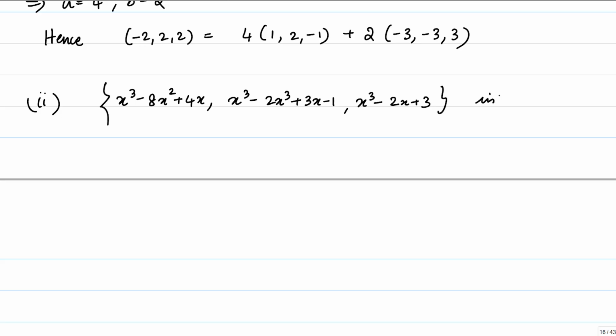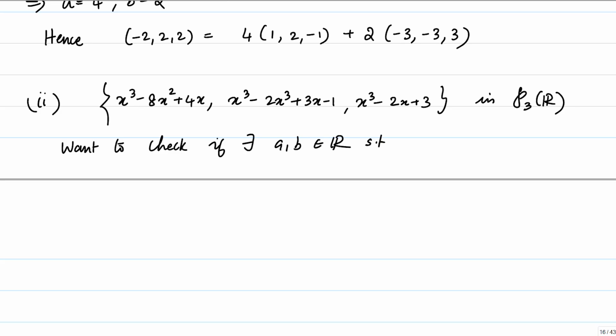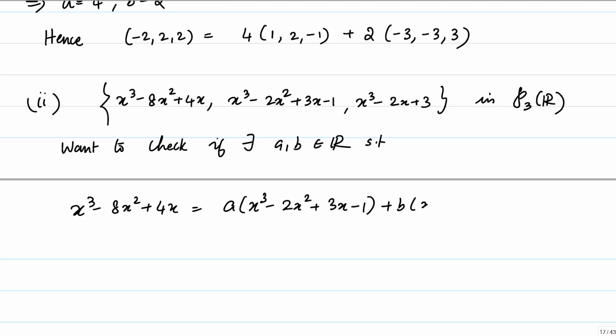This is in P3 of R, all polynomials of degree less than or equal to 3. So we want to check if there exist a, b in R such that x cube minus 8x square plus 4x is equal to a times x cube minus 2x square plus 3x minus 1 plus b times x cube minus 2x plus 3.